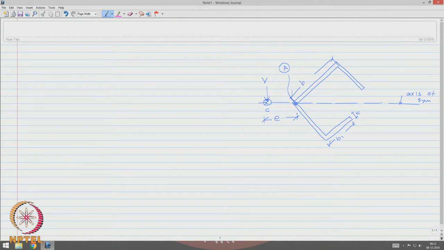If you look at the shear flow within the cross section, we know that this is V1, V2, V3 and V4.